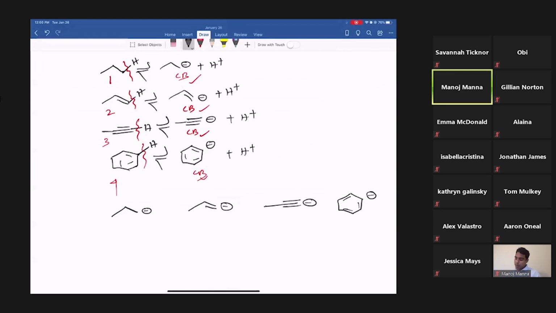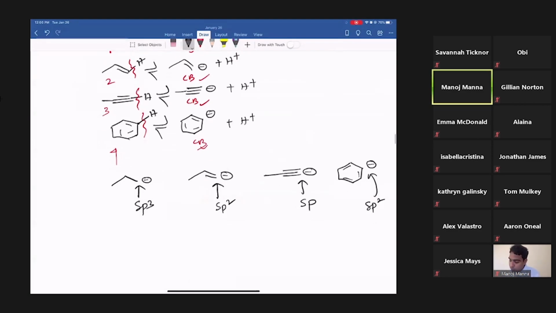So how will we compare the stability of the conjugate base in terms of the hybridization effect? Here, this carbon, what is the hybridization? sp3, this carbon sp2, this carbon sp, this carbon is sp2.